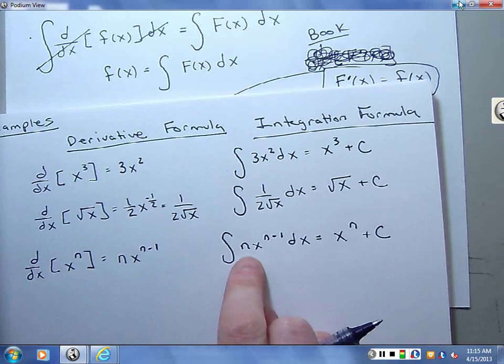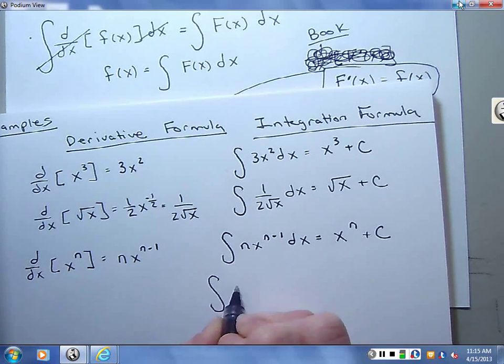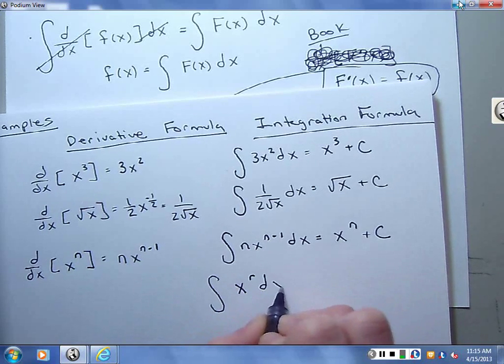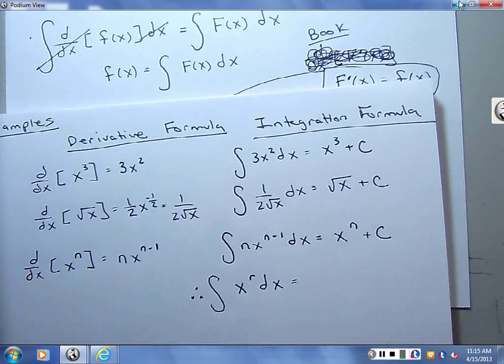I would want to really integrate x to a power. So what would be the integral of, let's say, x to the r with respect to x? This would be the preferred form, right?